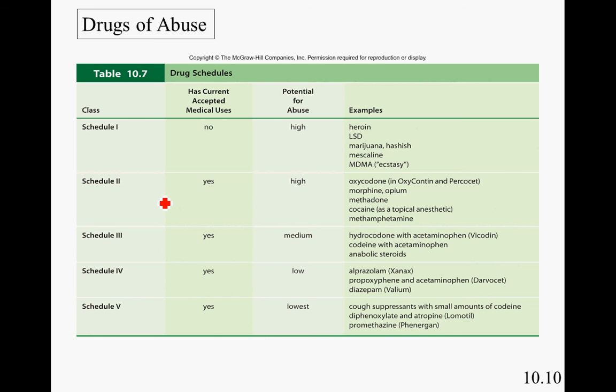In 2008, 8% of Americans reported using illicit drugs, which is one not sanctioned by law or custom, during the month prior to the survey. This included marijuana, crack, and hallucinogens.